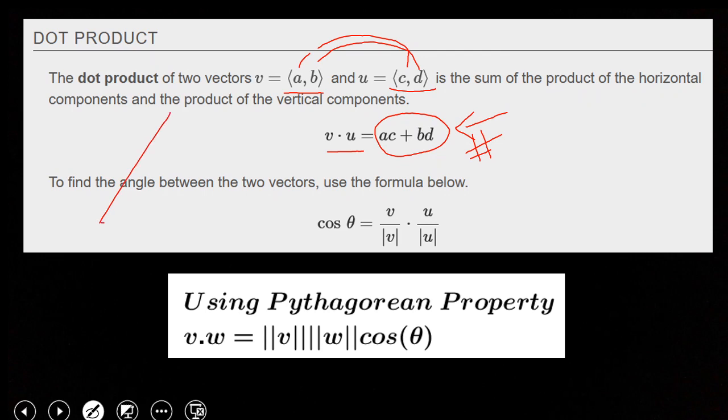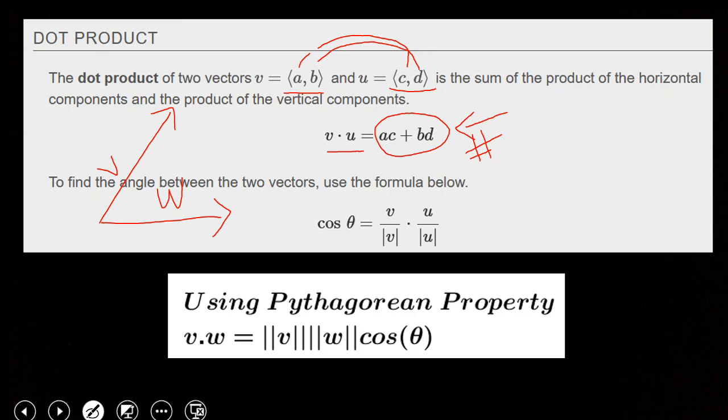Basically, if you have two vectors v and w, the dot product is a number that tells you how much these vectors are in the same direction. Basically, you can think of it that way.